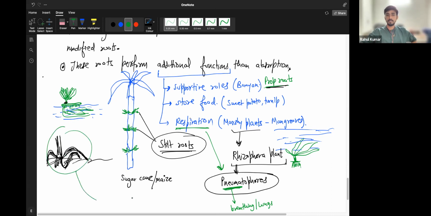So these are the pneumatophores. These roots come out of the ground and help to get oxygen from the atmosphere. Okay. Is that clear?